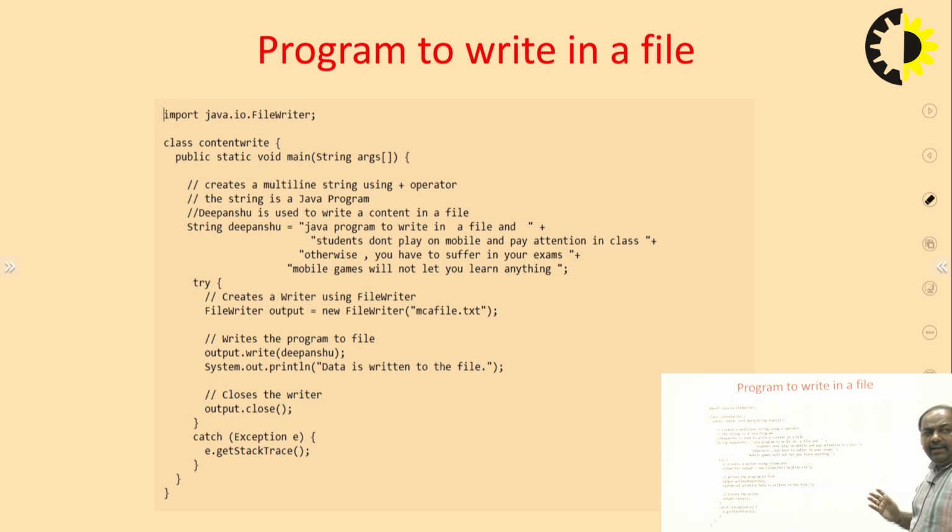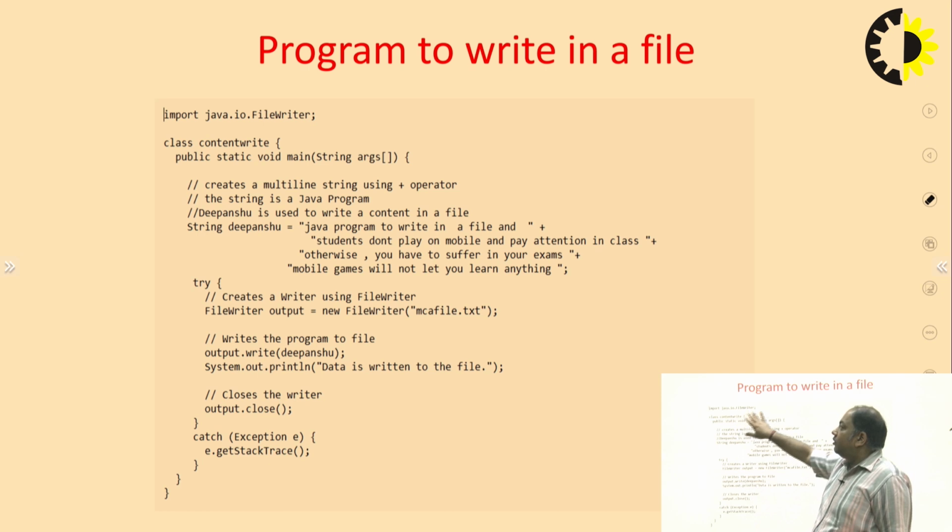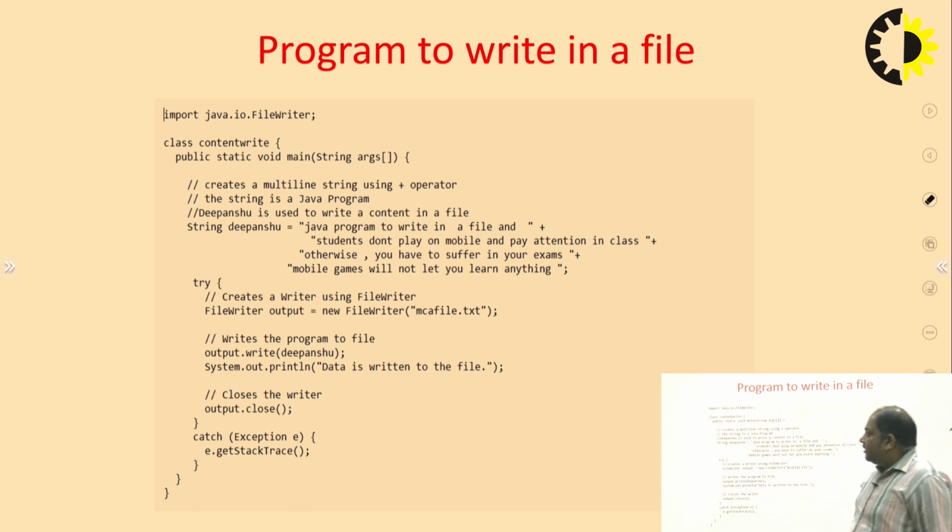Okay, I will again explain this program. To write any content into a file using a Java program, first we import the package java.io.FileWriter. After importing the package, we give a class name. After giving a class name, we define a string data type in which we write the content to be written to that file. After that, we create an object of the FileWriter class.